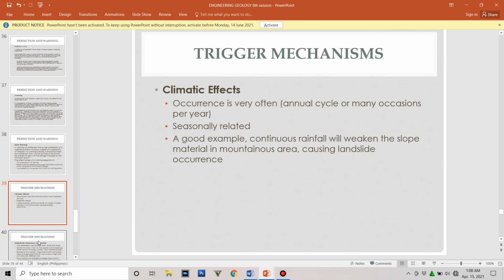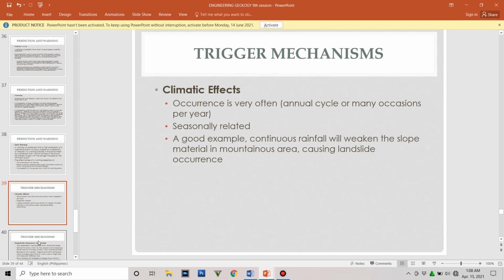So now we proceed to the trigger mechanisms of these geotechnical hazards. So first, the climatic events. Of course, we know that the occurrence is very often an annual cycle or many occasions per year. Of course, bilang na natin sa Pilipinas, and then we also have seasonally related.